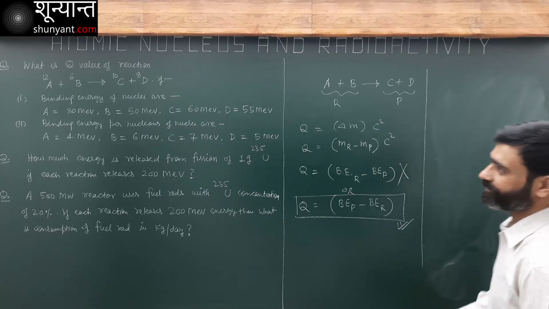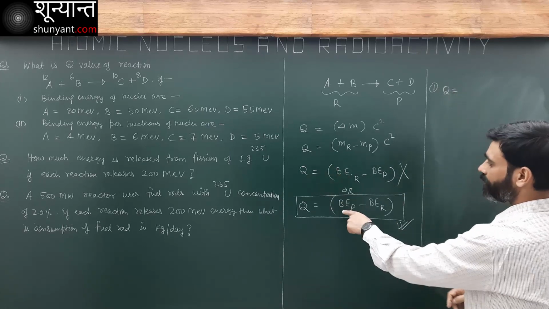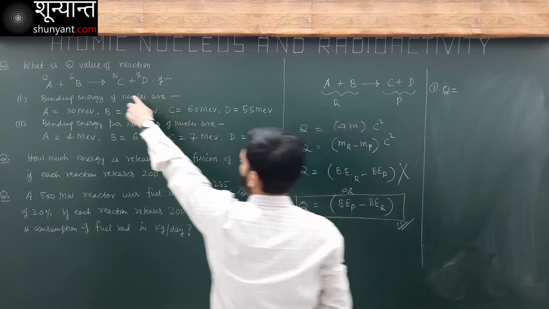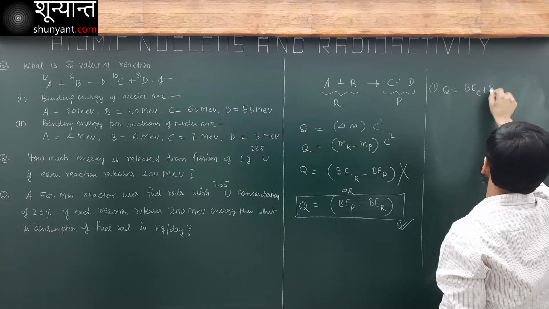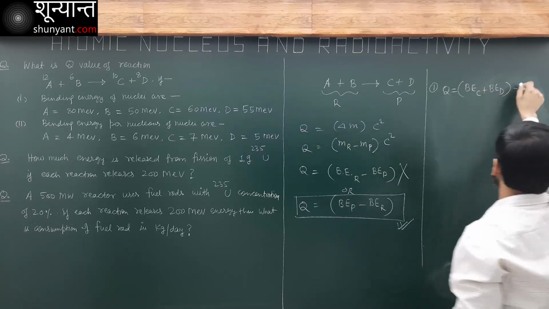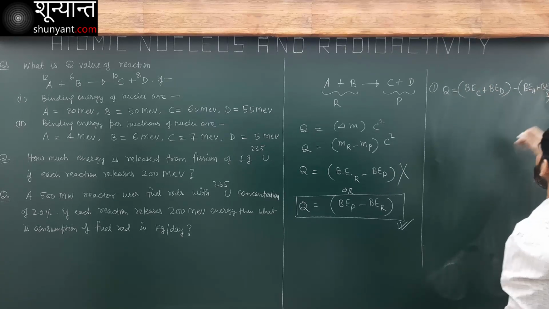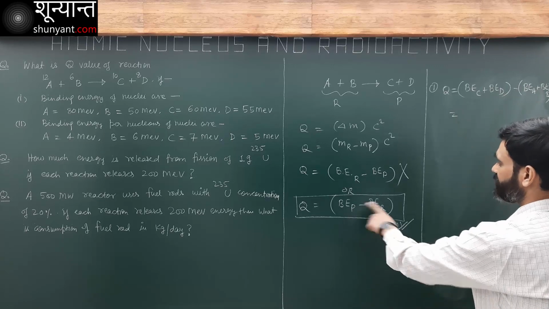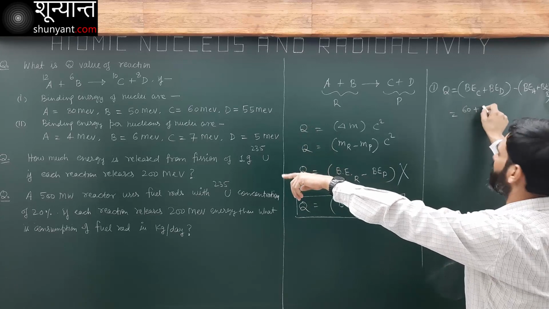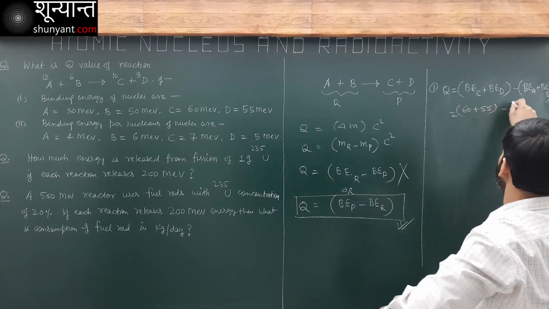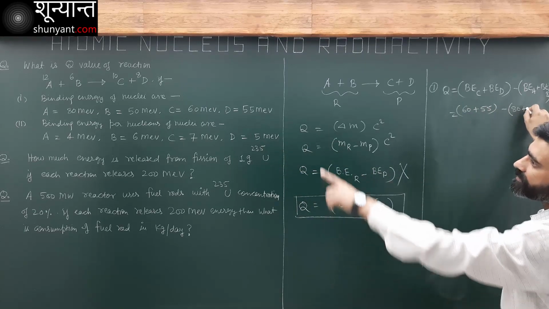Let's solve it. The first case, Q value, binding energy of product. This is the product, C and D. So binding energy of C plus binding energy of D minus binding energy of A plus binding energy of B. Product minus reactant, this we have to apply. So C and D, 60 plus 55, minus A and B, 80 plus 50.